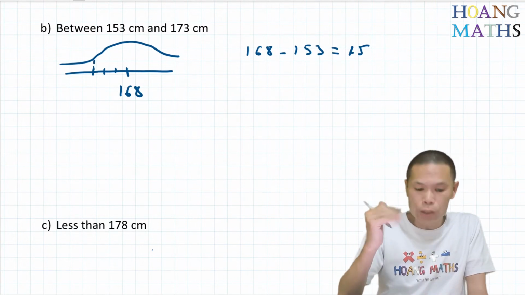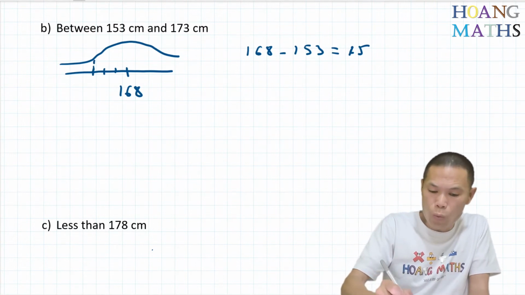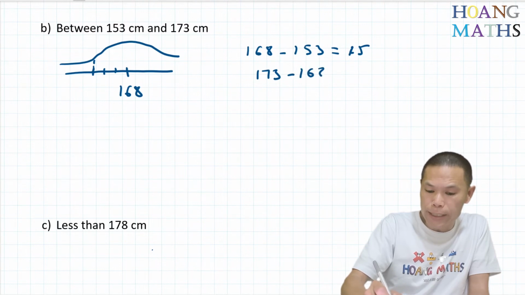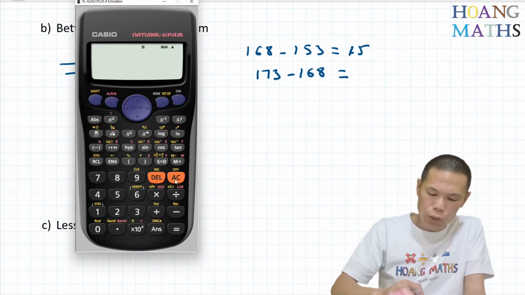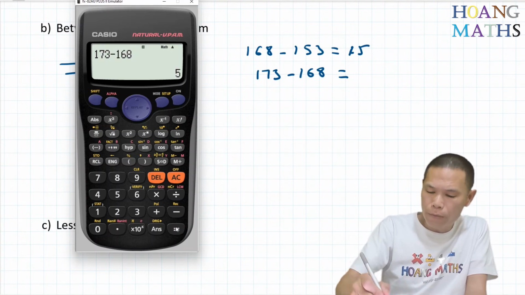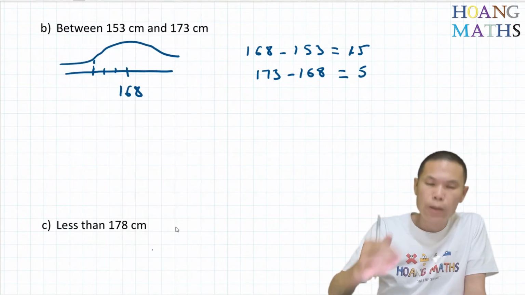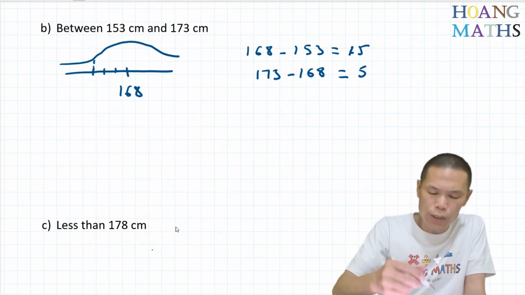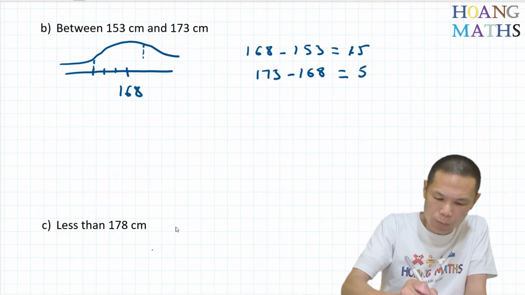And for 173, we go 173 minus 168, that gives me 5. So that is just one standard deviation above the mean. So this is 1 here.